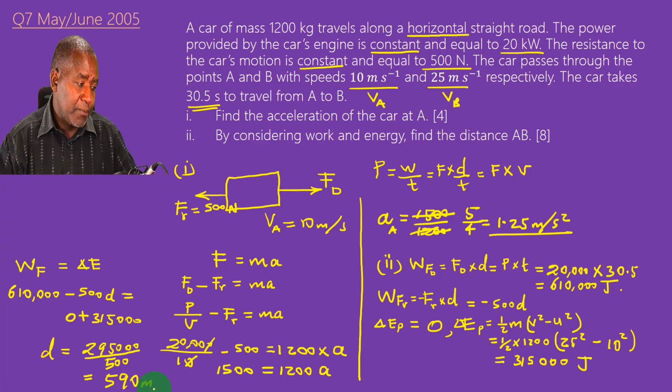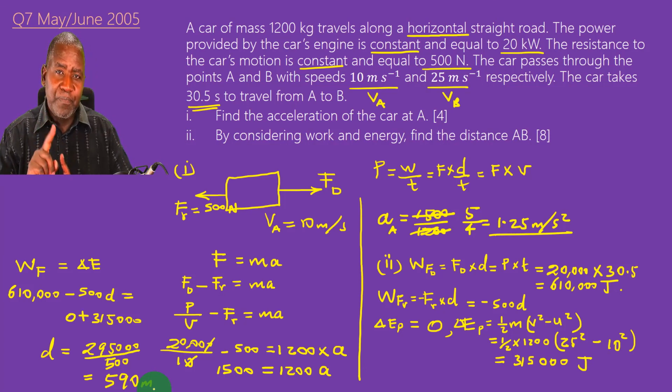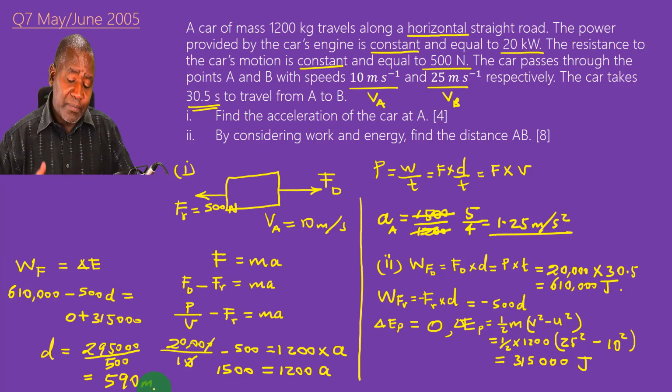Very important. And the moment you work out each one of those 4 bits, work done by driving, work done by resistance, which is always negative, gain in potential, gain in kinetic, you are done. So the 8 marks will be distributed very comfortably to each part of those sections.